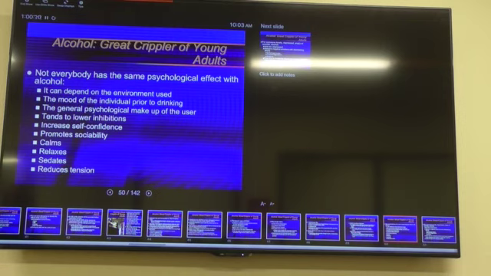Solitary drinkers. The mood of the individual prior to drinking: were you mad, were you sad, why are you drinking? The general psychological makeup of the user: are you normally a happy person, are you normally a sad person? A lot of times alcohol will reverse the process of whatever your personality is.